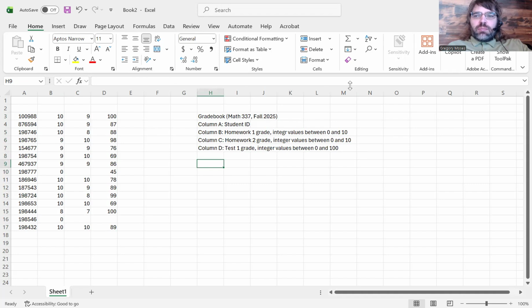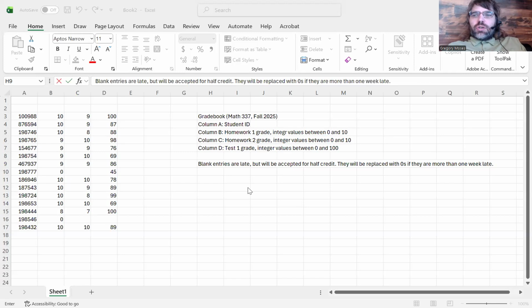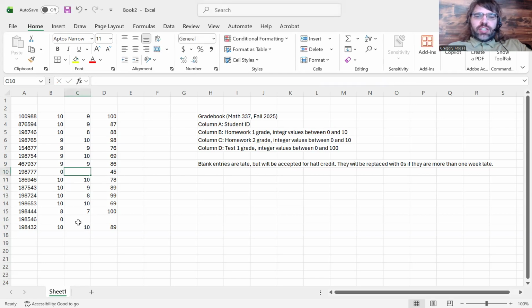And I could give more information. Here's some additional metadata, and now we know how to interpret this blank entry and this blank entry and this blank entry. Of course, they'll be replaced with 0 if they're more than 1 week late. For that to be helpful to us, it would be nice to know what the due dates are.